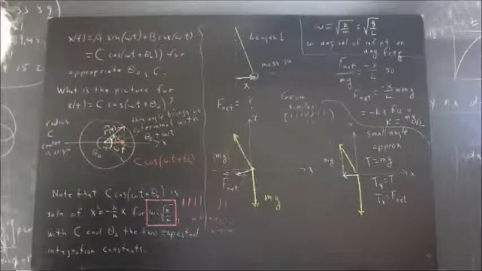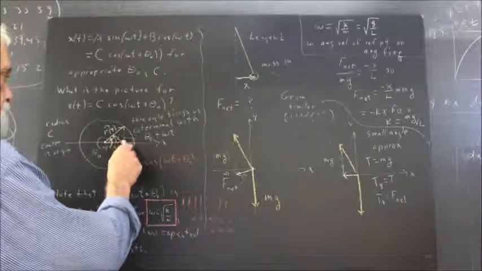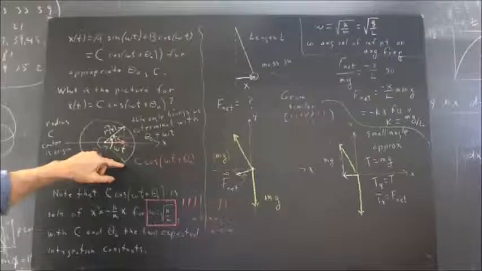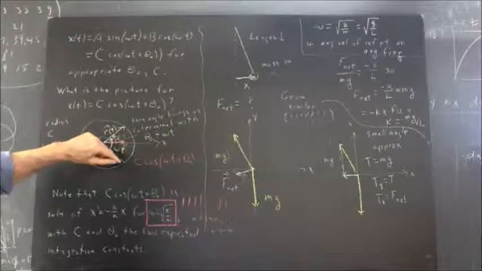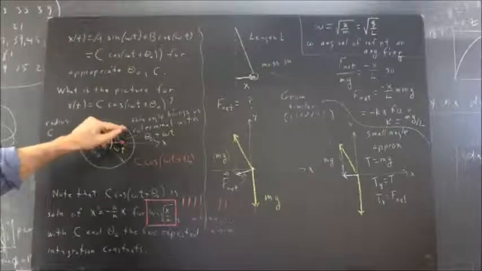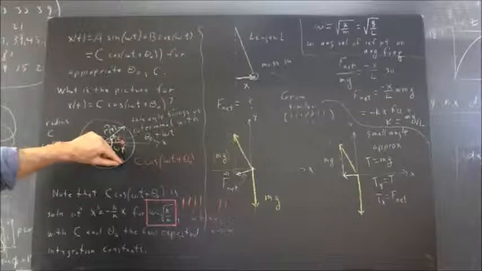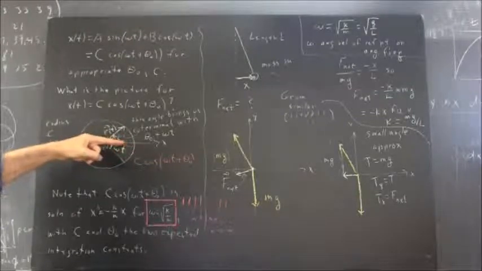Now we have a model that has a starting point down here. As t starts to increase, omega t starts to increase, bringing us progressively around to here. As that occurs, the projection of this point will move out to here, and then we'll move back to here.